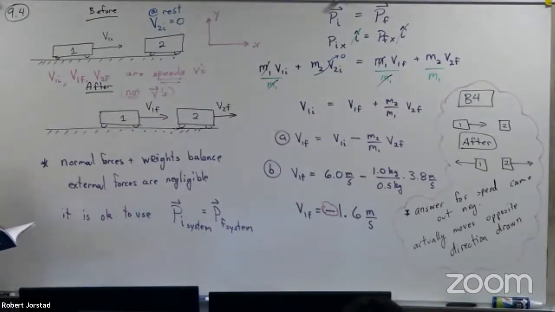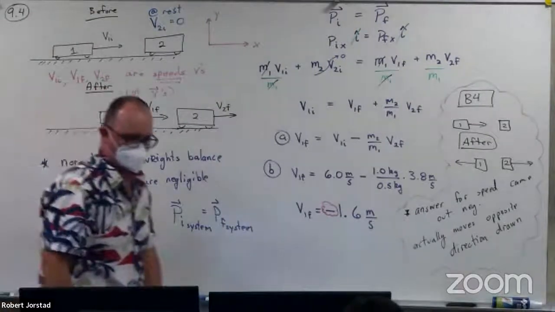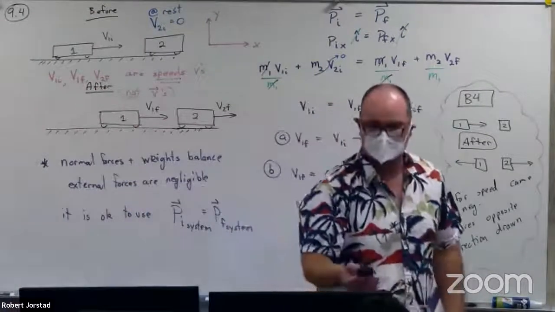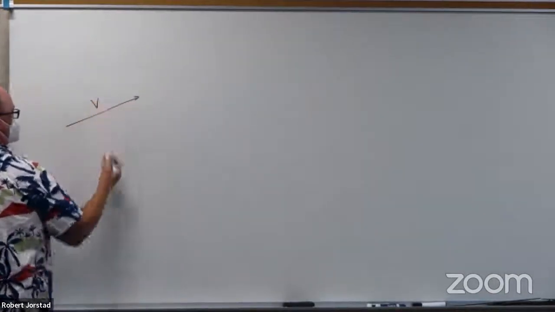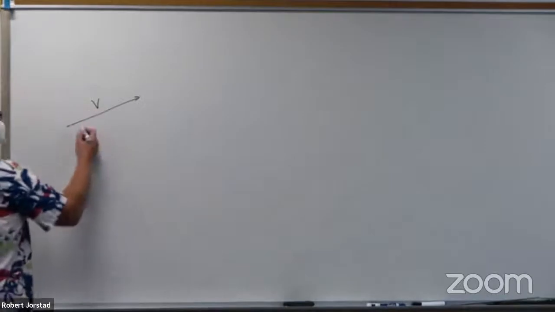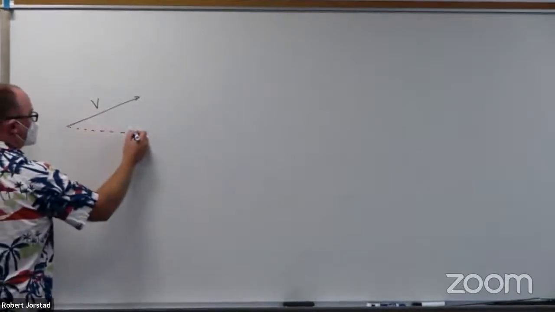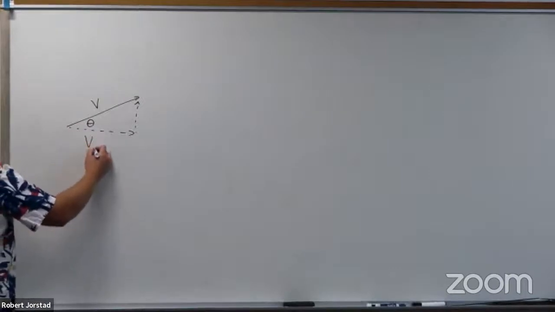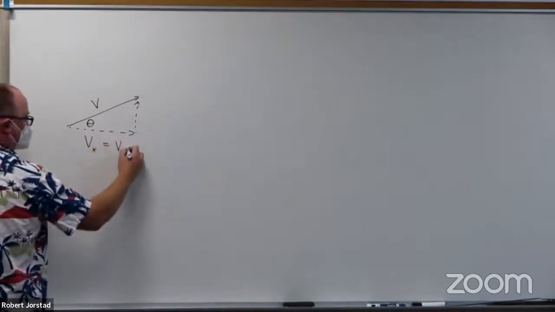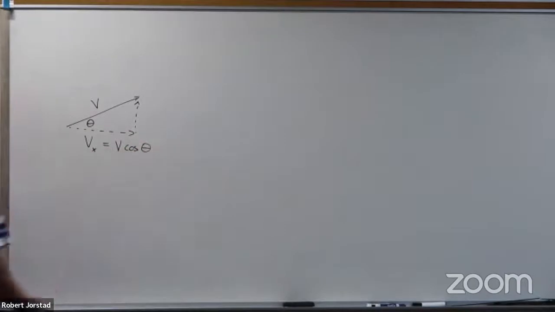Watch out. I'm just going to show you something really quick. You know this, you're not going to screw this up, but I'm going to draw it anyways because I see it on test questions all the time. Let's say you had some velocity here, right? At an angle. Let's say this is theta. I think most of you would have no trouble saying Vx is V cosine theta, right?